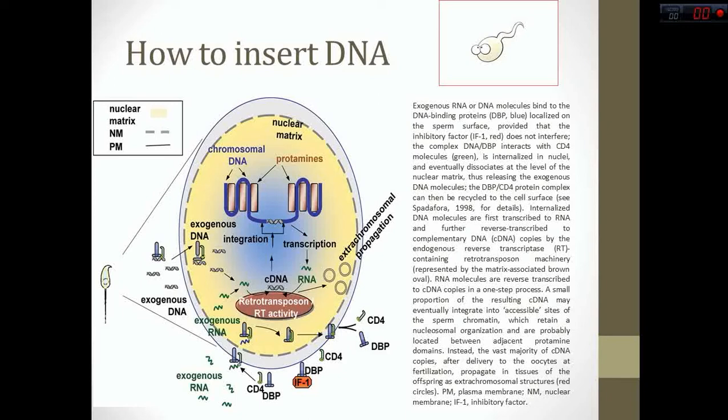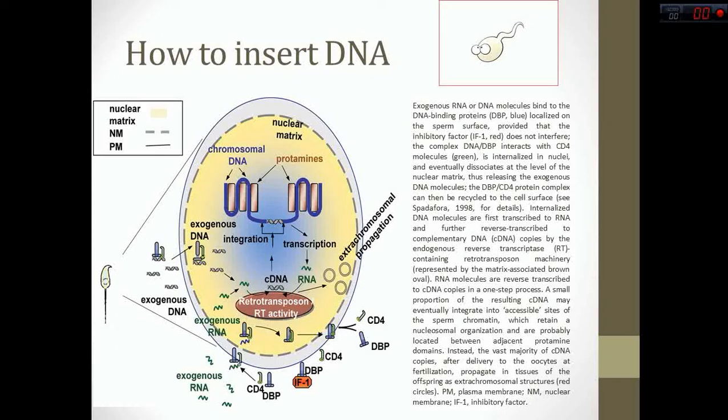The MHC class II, or major histocompatibility complex of class II, is the group of genes coding DBP proteins. They are located in chromosome 6. And the CD4 molecules, which play a very important role in the process of sperm DNA interaction and internalization. We can see all of them in the picture.